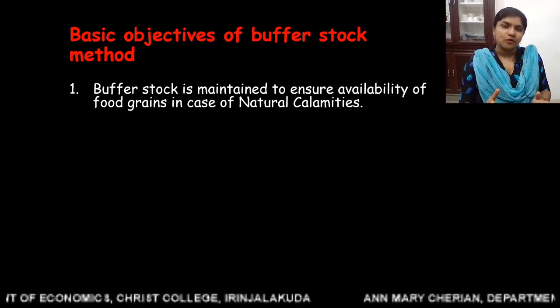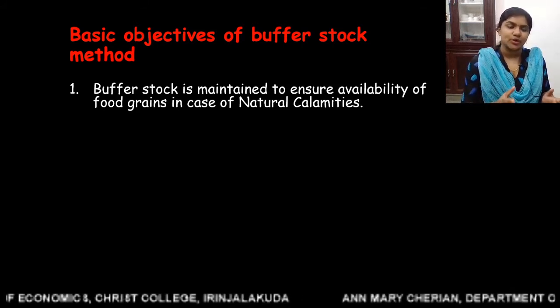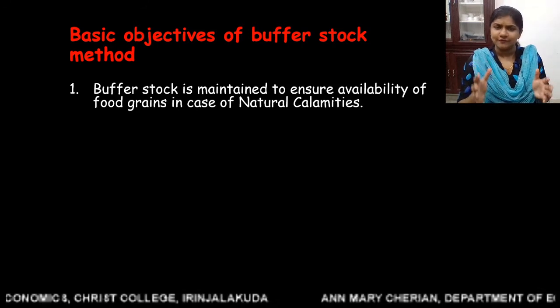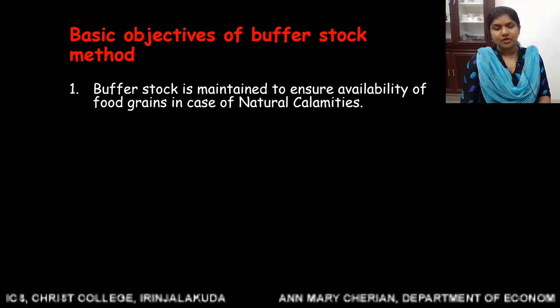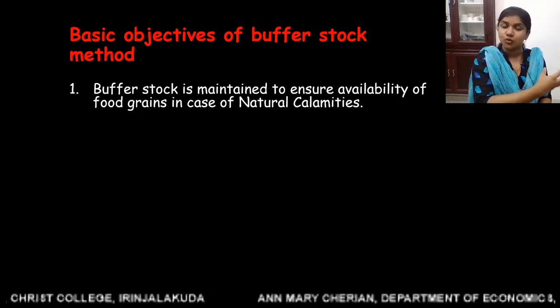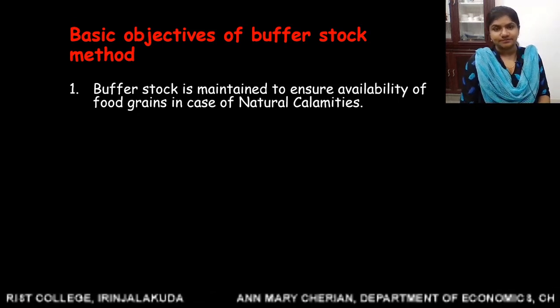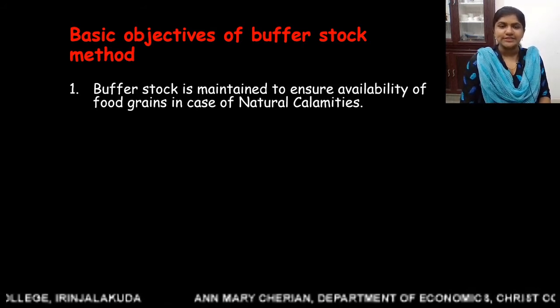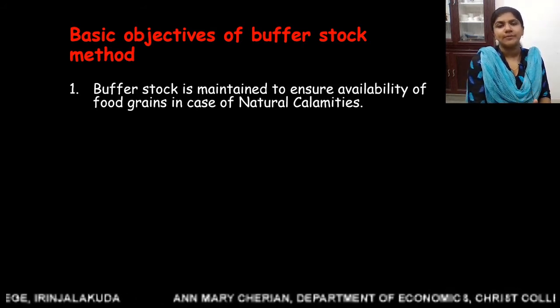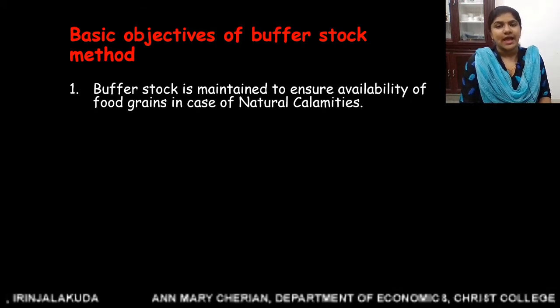In order to solve this scarcity, or in order to reduce food inflation in the economy, government will release buffer stock. Government will release buffer stocks through fair price shops. So first objective of buffer stock is to ensure availability of food grains in case of natural calamities.